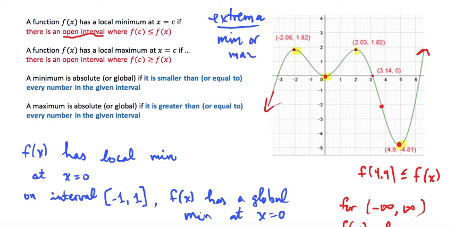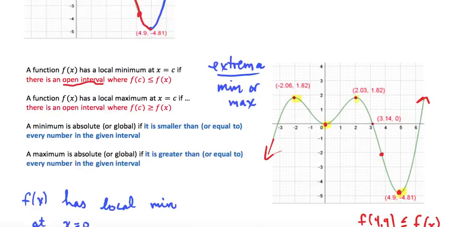So whenever I ask you to find the extrema, that means I'm looking for any of the minimum or any of the maximum on a particular interval. All right, so we're using the same graph here as we did from the last time, and you can see also one more time that if you have a point that is part of an increasing interval and a part of a decreasing interval, then it's going to be an extrema.